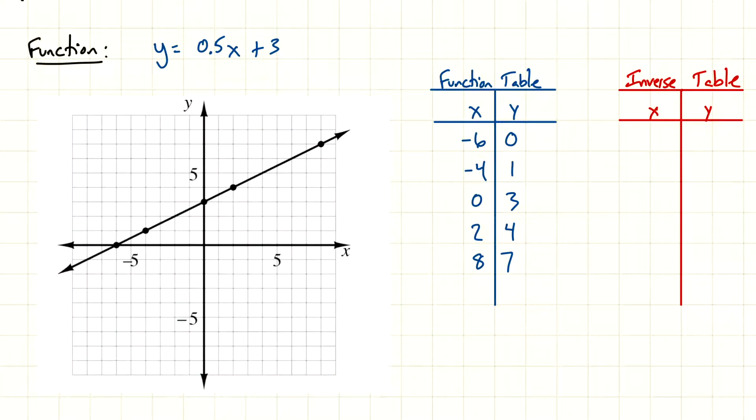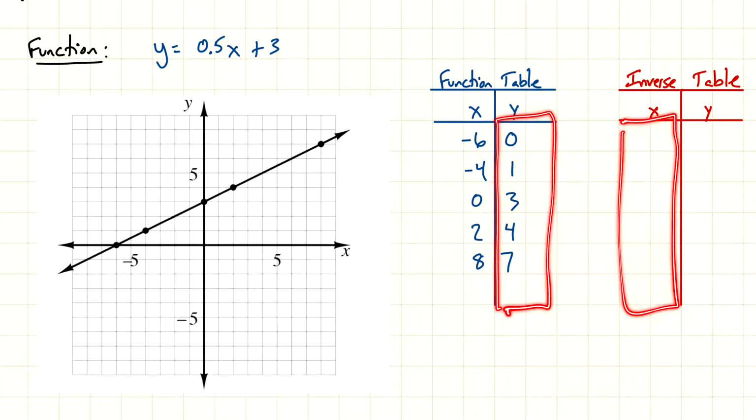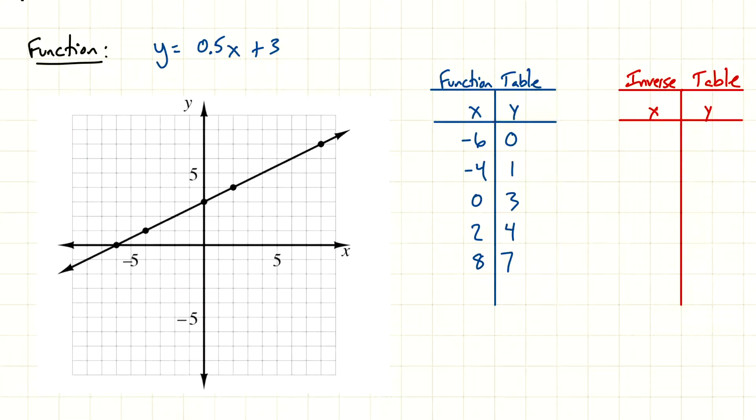So let's start with creating our inverse table by using the function table. I'm going to list out all the inputs, and all the inputs that I'm looking for, these x values, are going to come from the outputs, right? We're just going to swap our x and y values. So I could just fill these in.